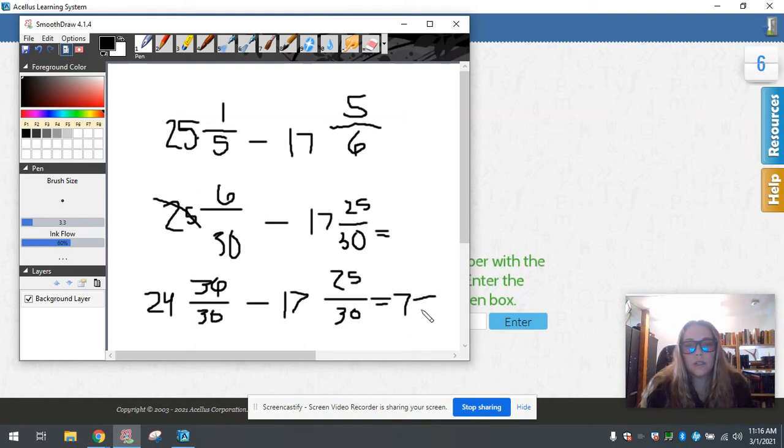And then I subtract my numerators. I don't subtract my denominators. 36 minus 25 would be 11. So I get 7 and 11/30. 11's a prime. I can't divide 30 by 11, so this is reduced.